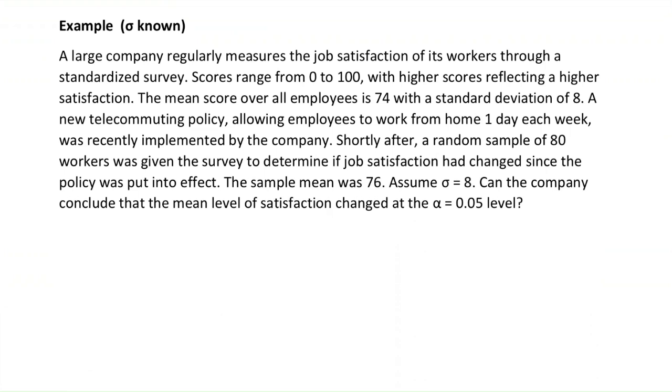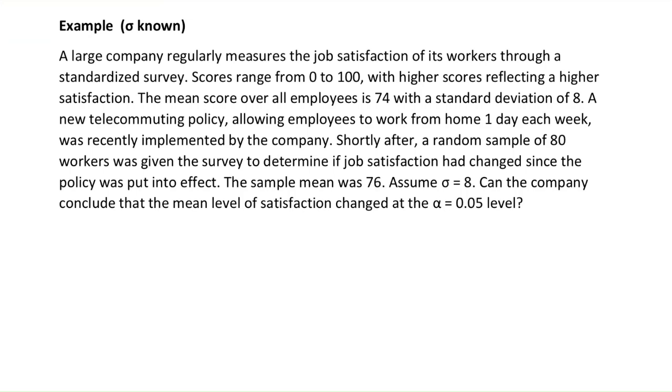Shortly after, a random sample of 80 workers was given the survey to determine if job satisfaction had changed since the policy was put into effect. The sample mean was 76. Assume sigma equals 8. Can the company conclude that the mean level of satisfaction changed at the 5% significance level?